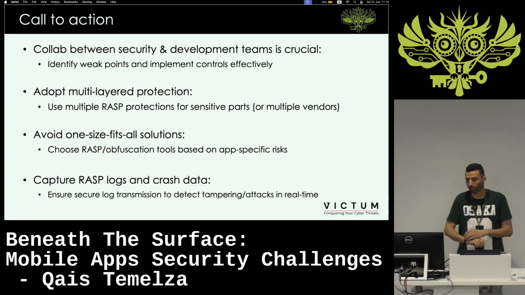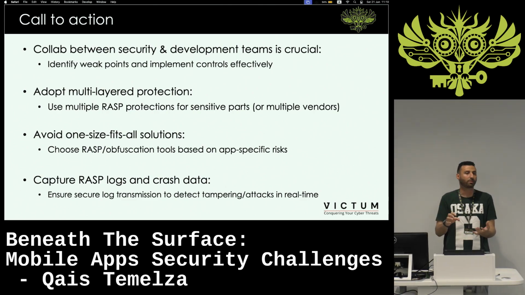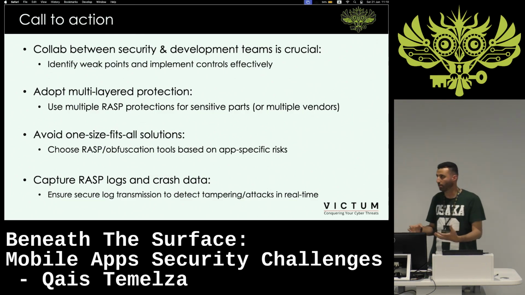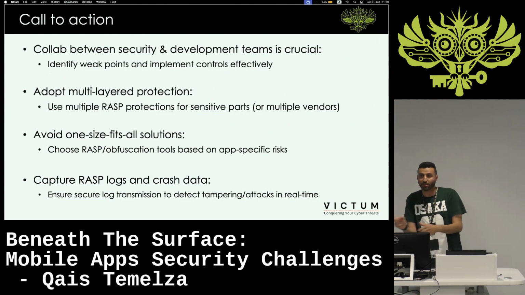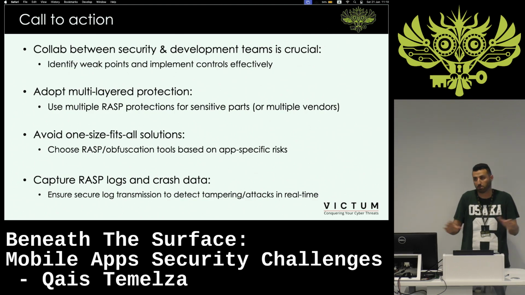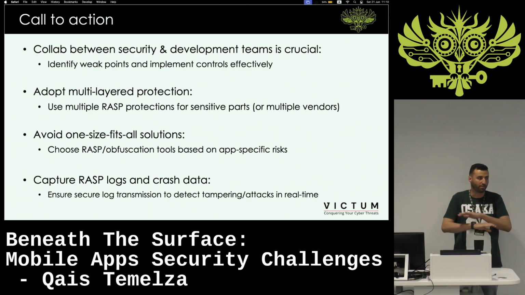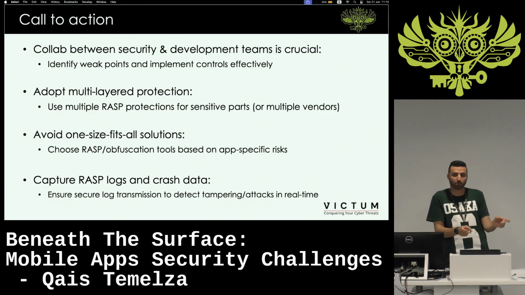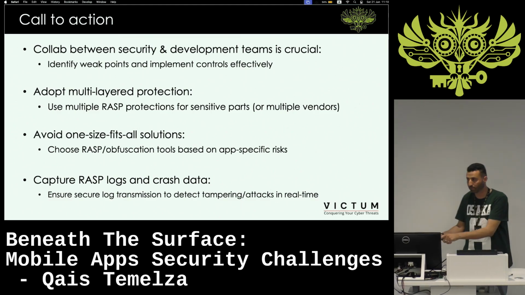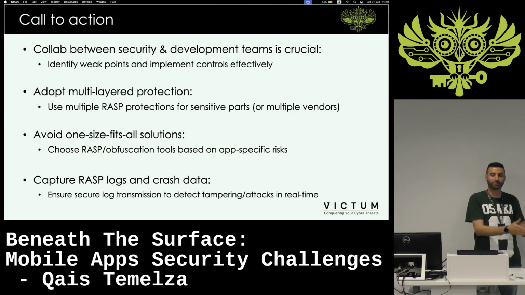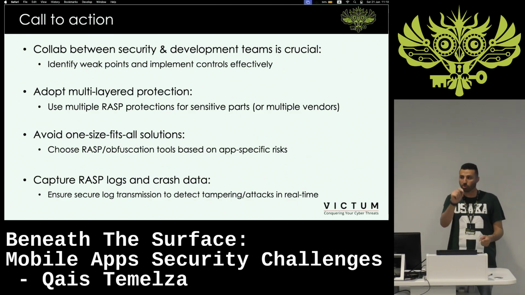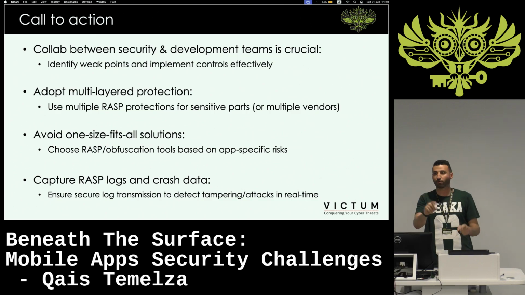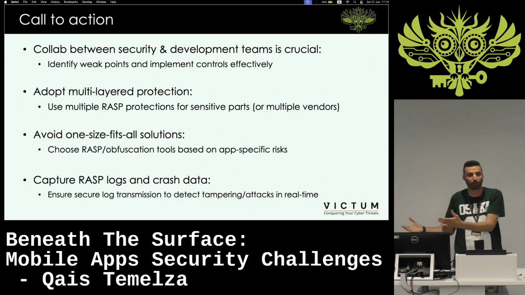Because, for example, sometimes your vendor or your tool that's protecting your app has a weak point, and that's standard in the tooling. You cannot have a tool that protects everything. It will have some kind of a weakness. So this weakness will always need to be shared, and devs need to be trained on that. You shouldn't be using that thing, in order for us to not have unobfuscated code, for example.